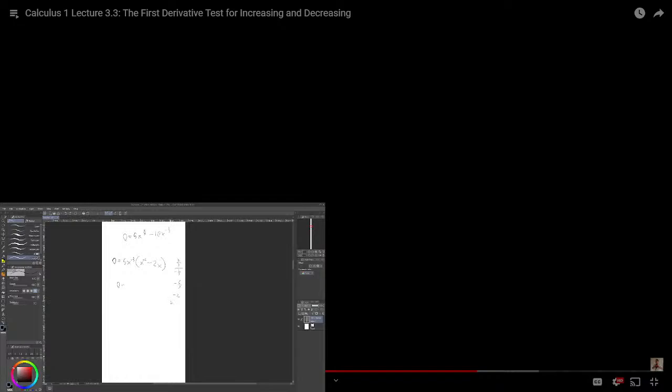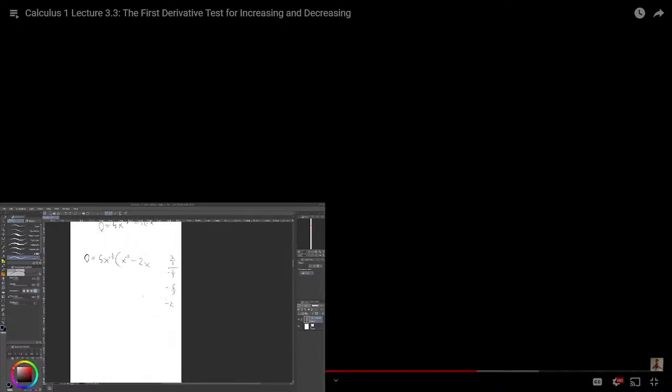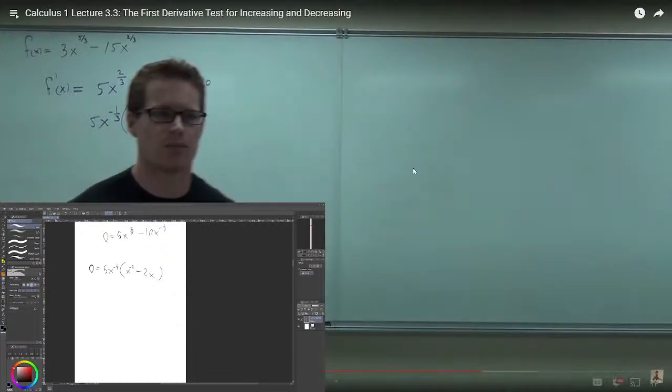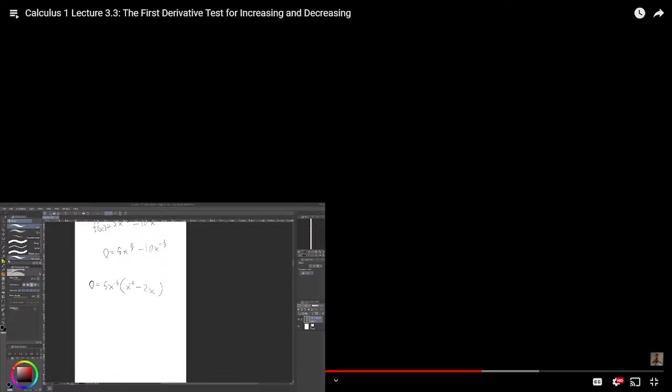So we will factor out the 5x to the negative 1/3. What you end up getting, factoring means dividing, dividing means you're subtracting exponents. Like you're dividing, okay.